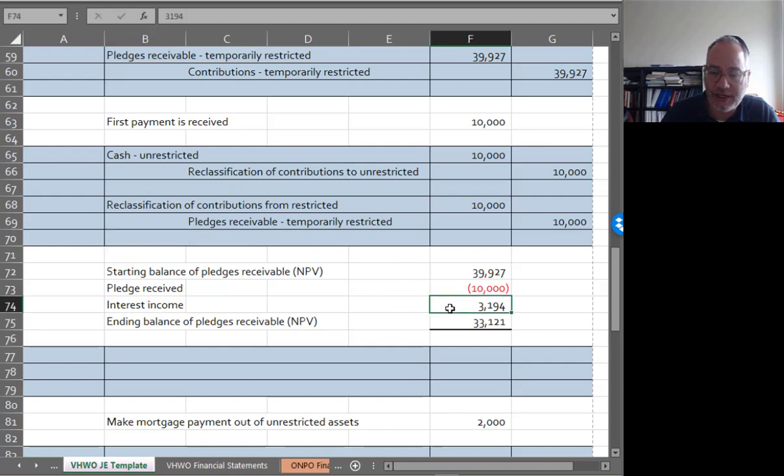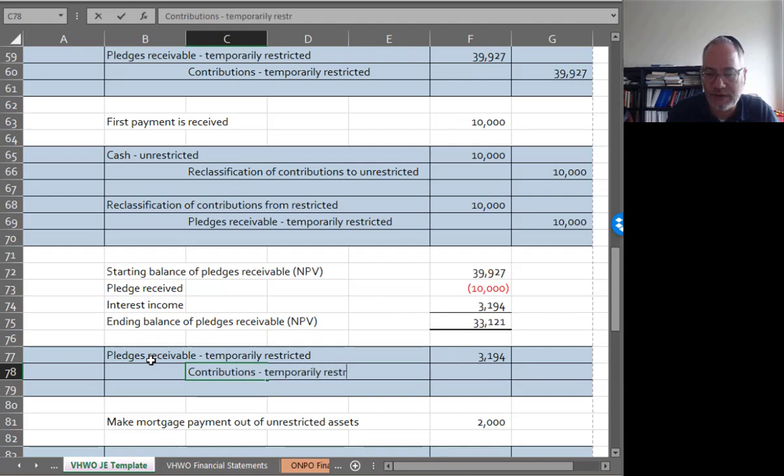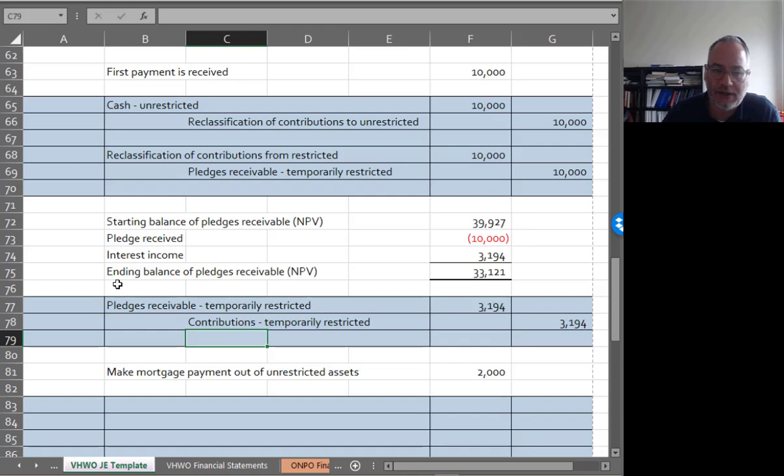I've also got interest income of $31.94 on this because it was recorded at net present value. So I'm going to debit pledges receivable, temporarily restricted, for the amount of interest, $31.94. Does it say what it is? Oh, they just give it to you in the problem. But you know, it's a time value of money problem. Credit contributions temporarily restricted, $31.94. So the amount of pledges receivable is going to go up as time passes on.